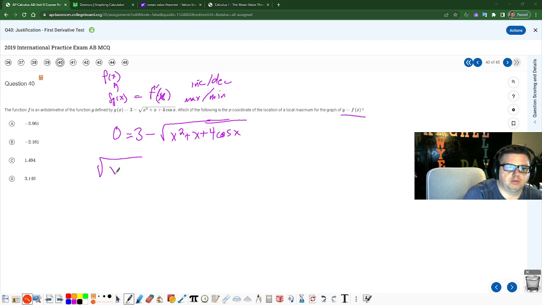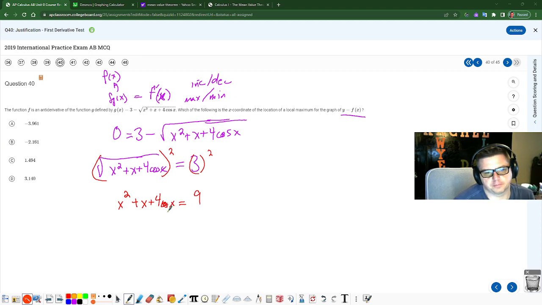Let's set them equal to each other. Then we can square both sides and get 9 equals x squared plus x plus 4 cosine x. Once again, let's bring that bad boy into play. Definitely use that.